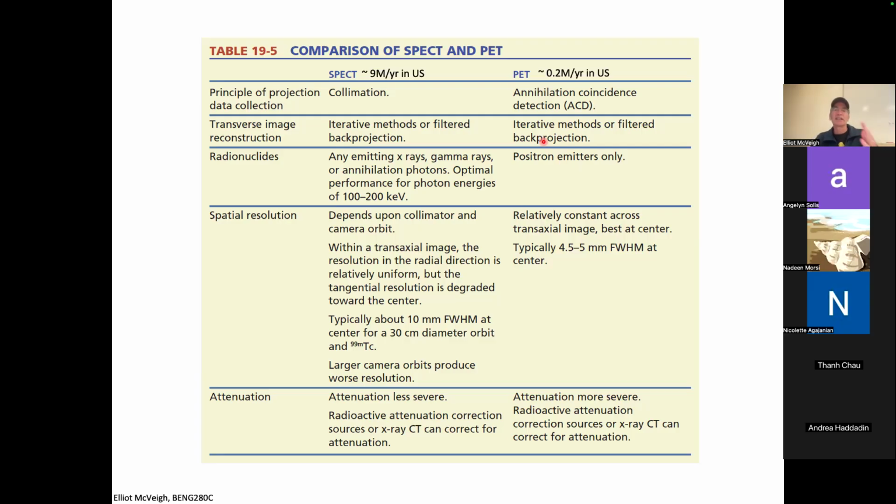So those iterative techniques are done both in SPECT and in PET. In order to do those in a reasonable time, you had to buy an expensive computer. The vendor would sell you a computer that sat beside the scanner, and those computers were often $100,000, $200,000, depending on how fast you wanted to do this process, right?